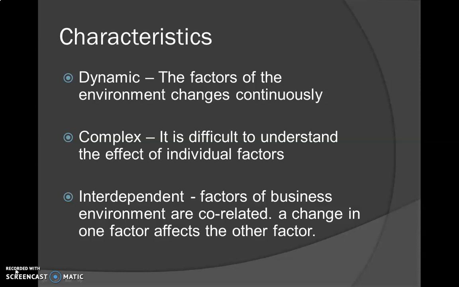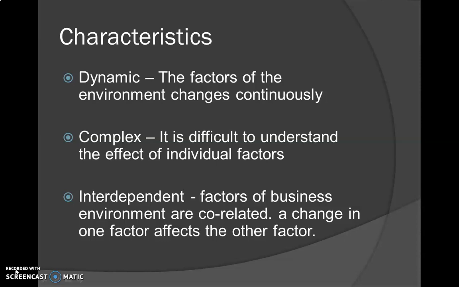Next characteristic is interdependent. That is, the factors in the business environment are correlated. They are interdependent, they are interrelated, because a change in one factor may cause a change in another factor. For example, after an election, a new government came to power. That is a political change.